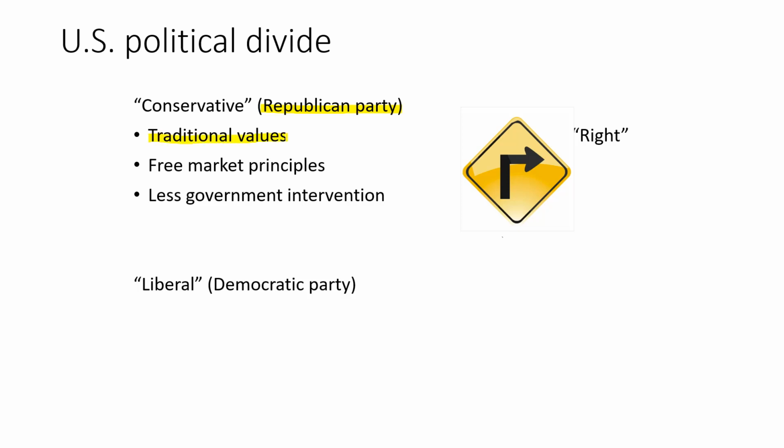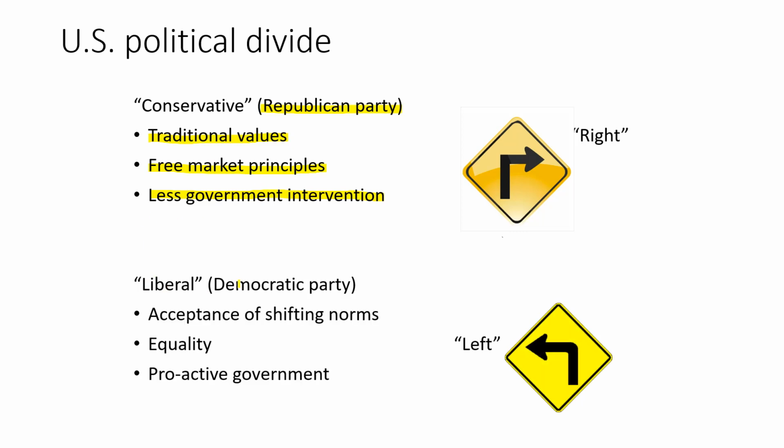But they're looking at traditional values, family values, free market principles, trying to get less government intervention, government more out of the way to let people and let the markets solve problems for the most part, like I said, in general. But even a conservative person will want government involved in things that they believe in.